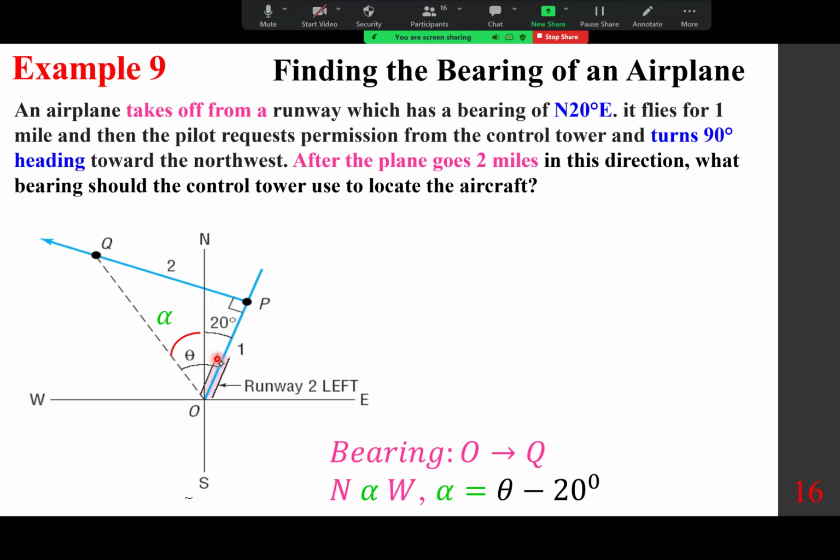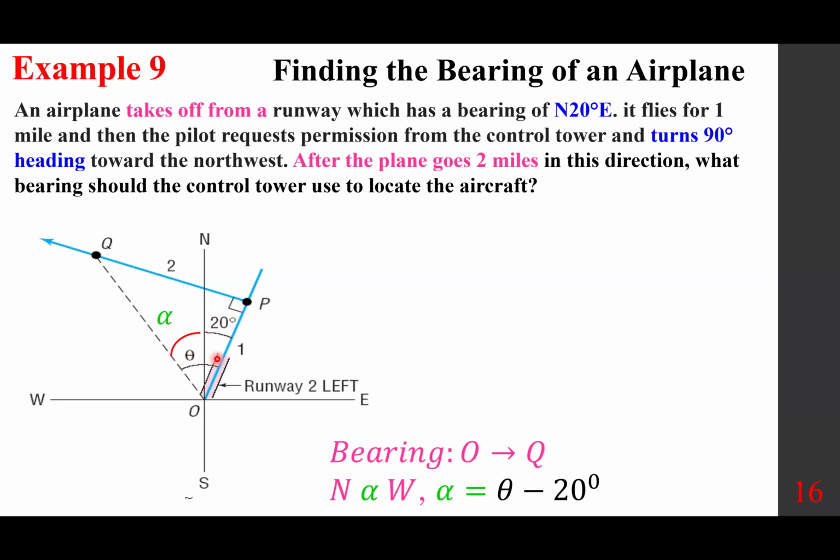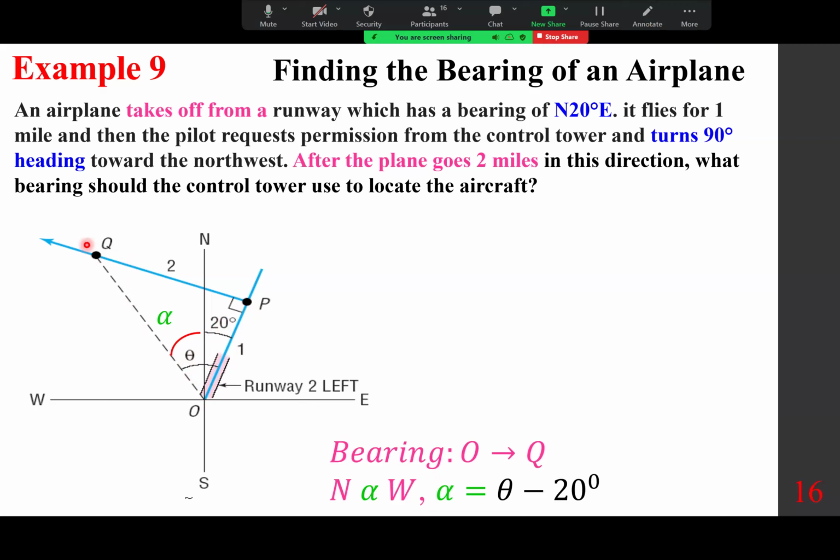So let's find theta. To find theta, we look at this right triangle. Tan of this angle theta is the opposite over the adjacent.